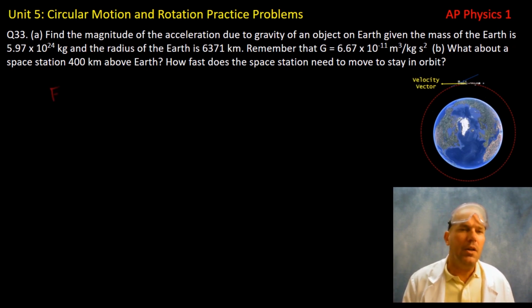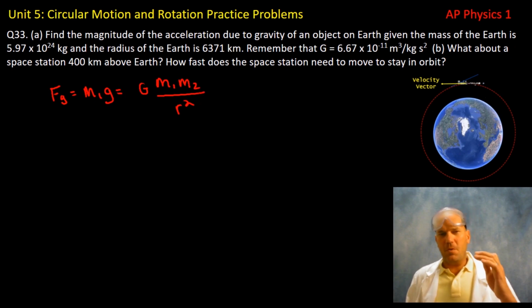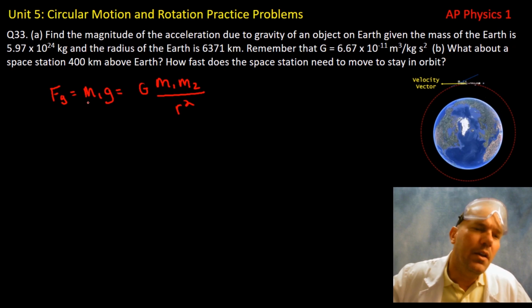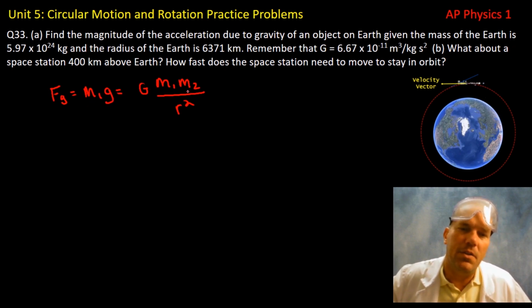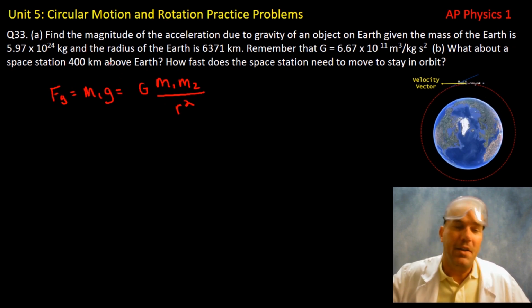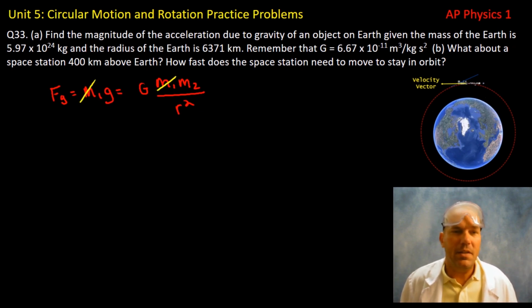All right, so we have force of gravity, which for an object on or near the surface of the Earth is equal to mass times the acceleration due to gravity. That is equal to the universal law of gravitation, because that equals force of gravity. So we see once again that the mass of the object is going to cancel out.